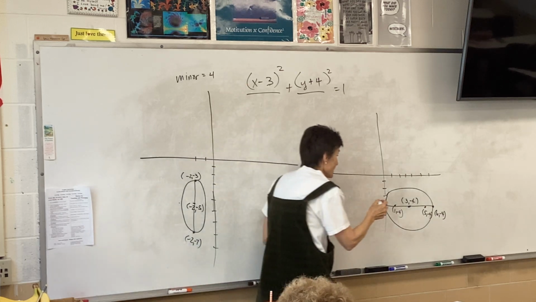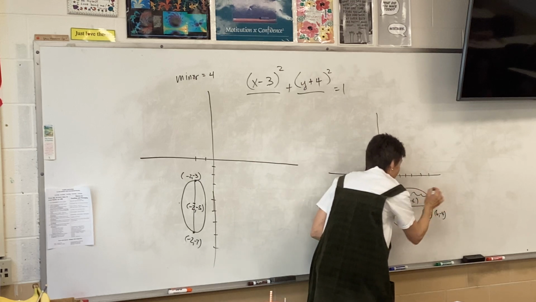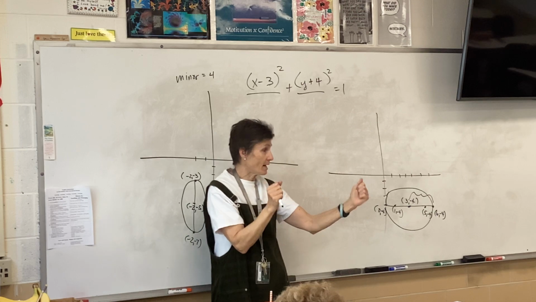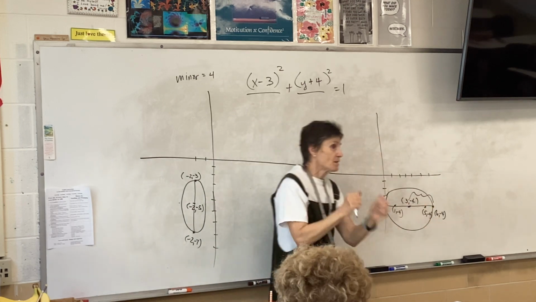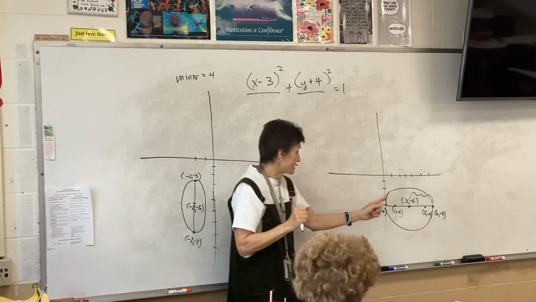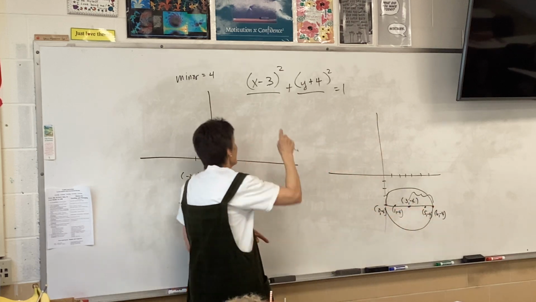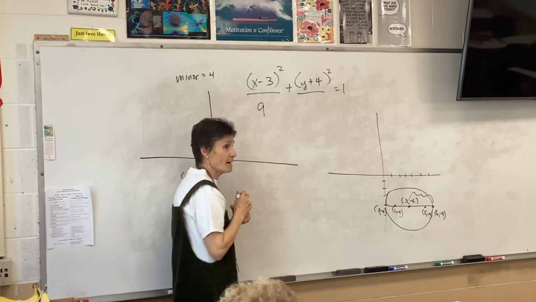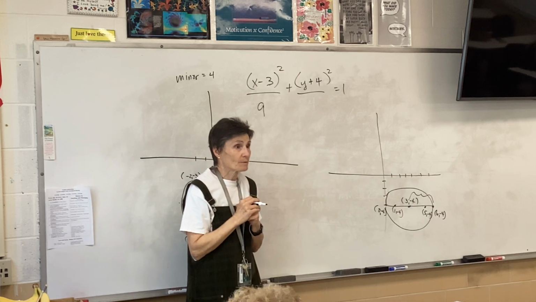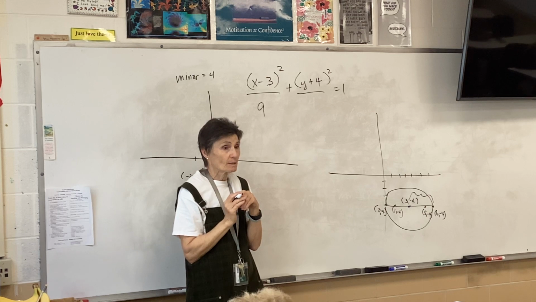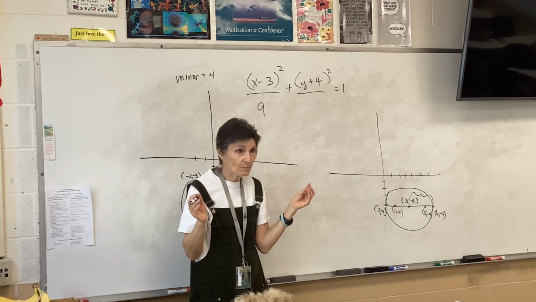Well, don't I already know how far to go this way? From my center to my vertex, how far is that? 3. And if that's 3, then under x has to be a 9. Now, how did I know to put it under x? Because it's going sideways.